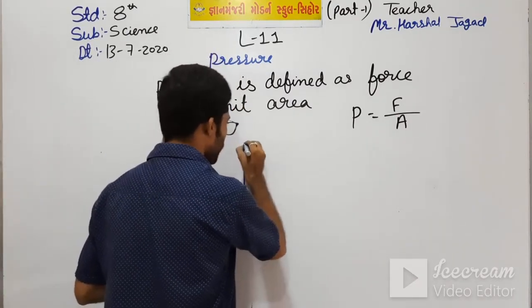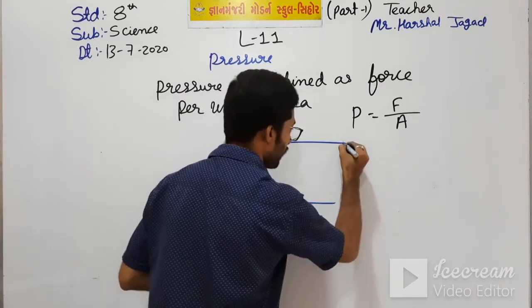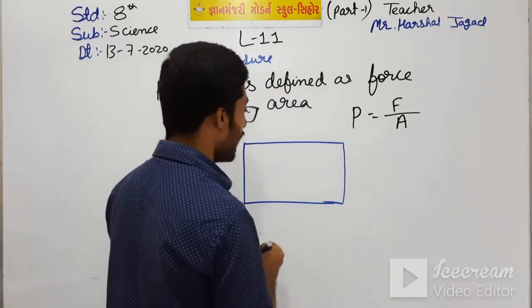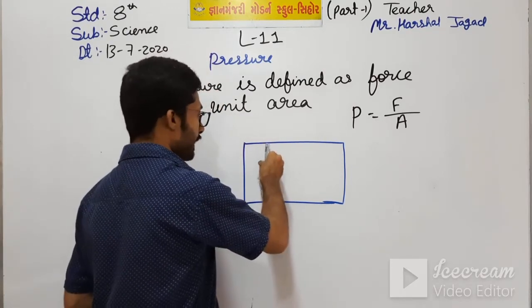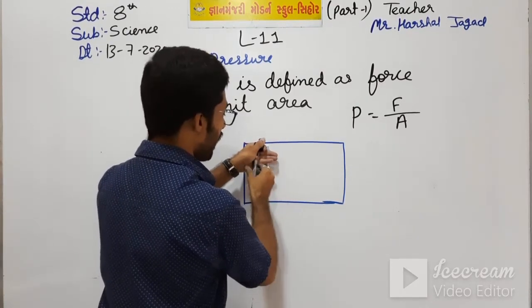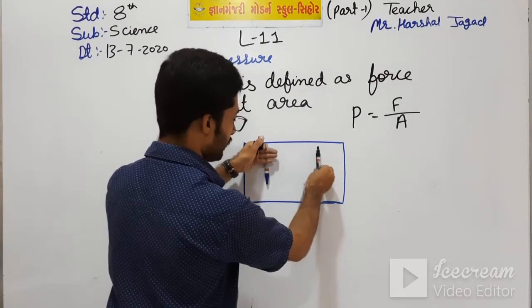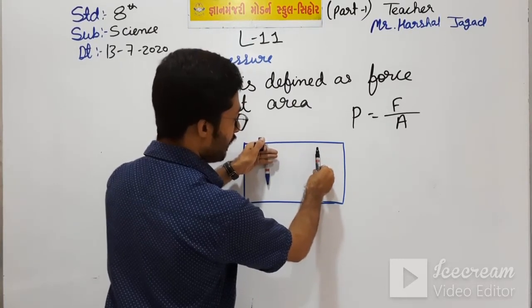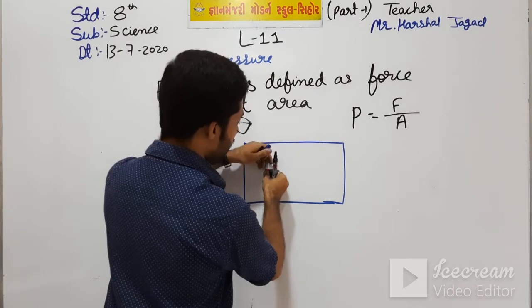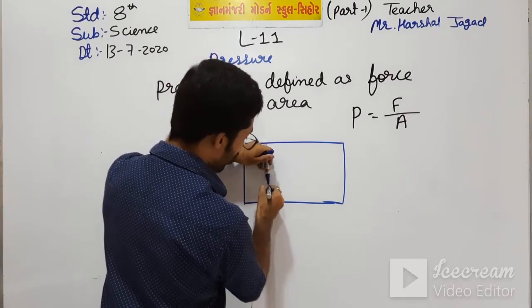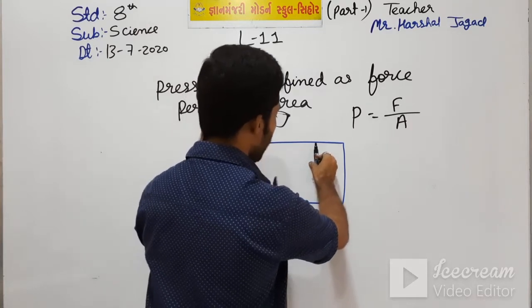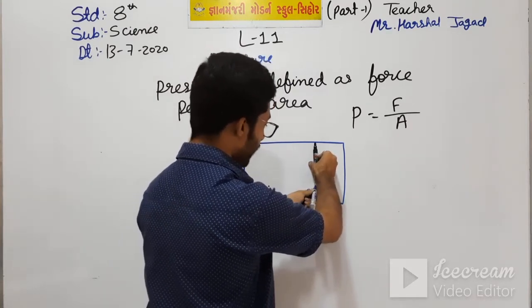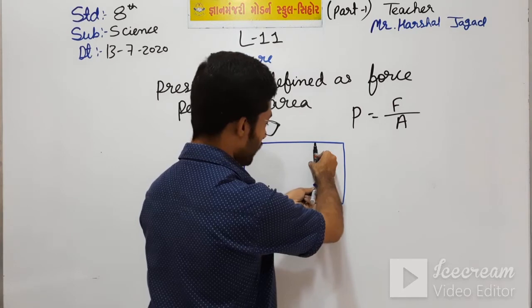In it I have applied two pins, one like this and another like this. Here this tip has a small area, and this one has a big area like this.